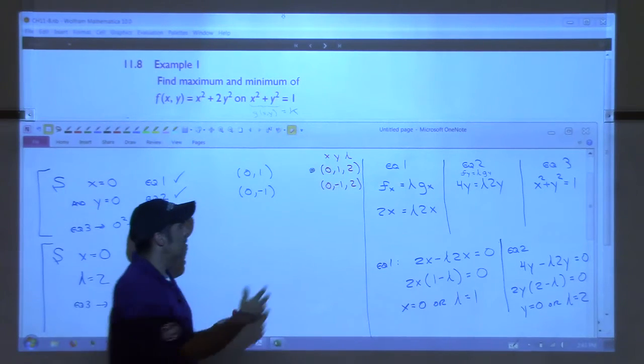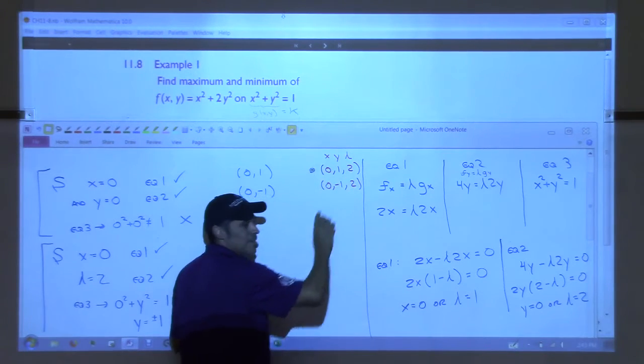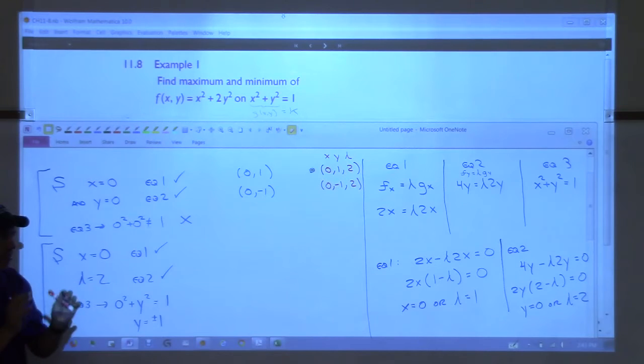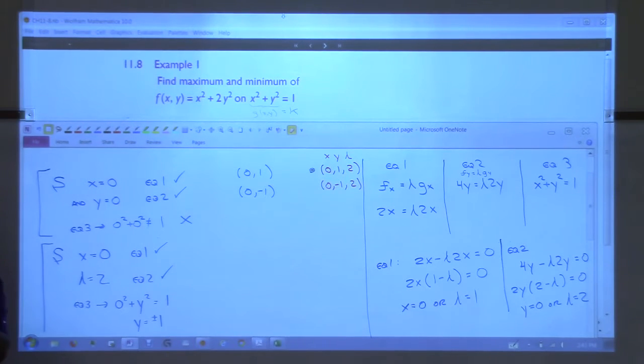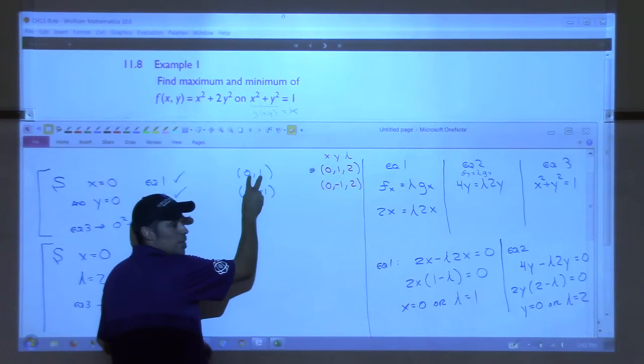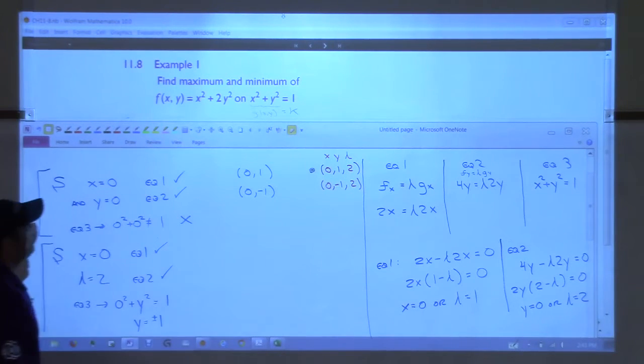The reason I don't like to write this down is because I don't want you to think that this 2 has anything to do with the z coordinate of anything. It's just the solution to the three unknowns, all right? And for our purposes, we're really more interested in just what the x's and y's are. Okay? All right. Are we done?